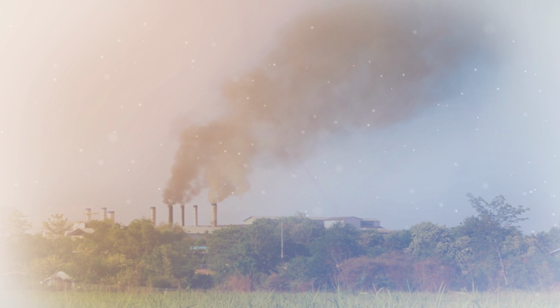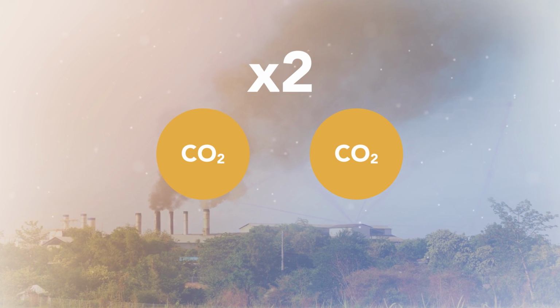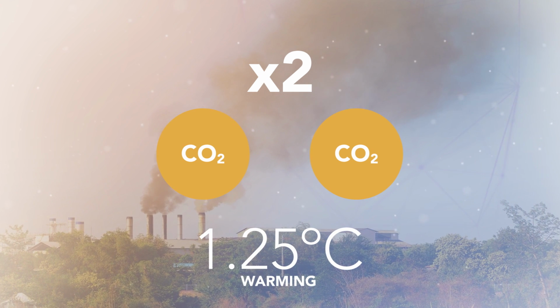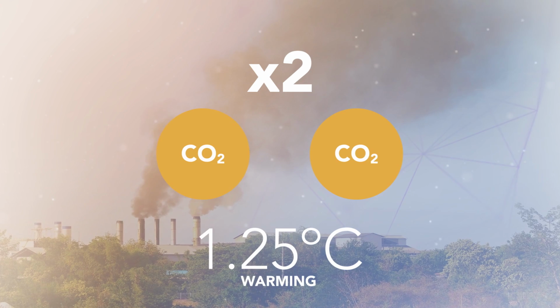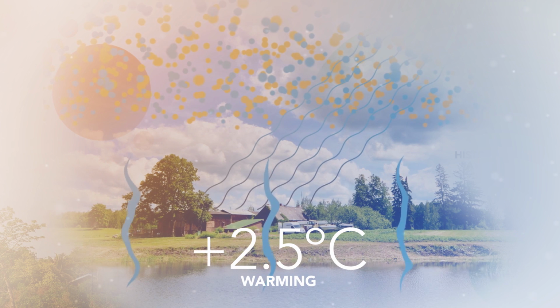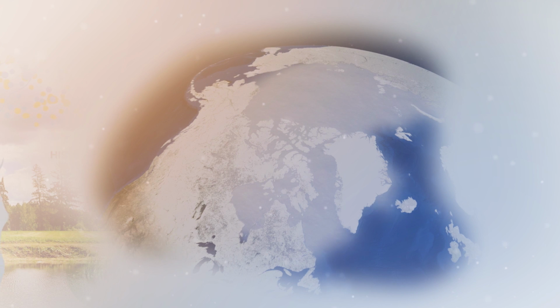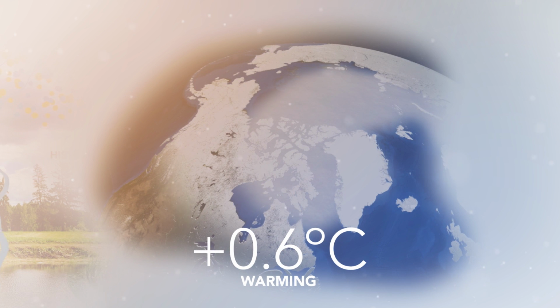The overall effect of the feedbacks we have discussed is positive and serves to increase the warming due to increased greenhouse gas concentrations beyond what would be expected purely from greenhouse gases alone. For example, a doubling of carbon dioxide concentrations in the absence of feedbacks leads to approximately 1.25 degrees Celsius warming. Our best estimates indicate that the positive water vapor feedback would add about 2.5 degrees Celsius additional warming, while the positive ice albedo feedback adds about 0.6 degrees warming.